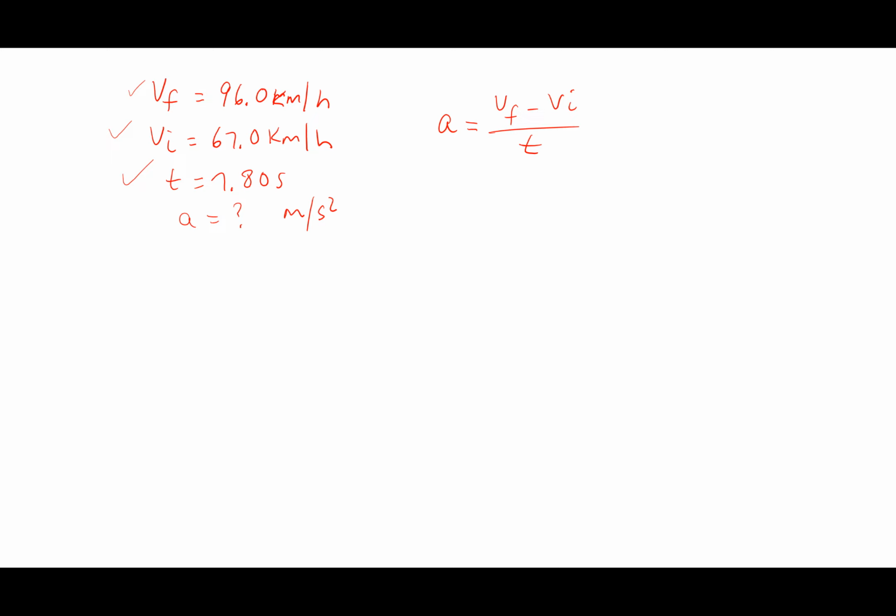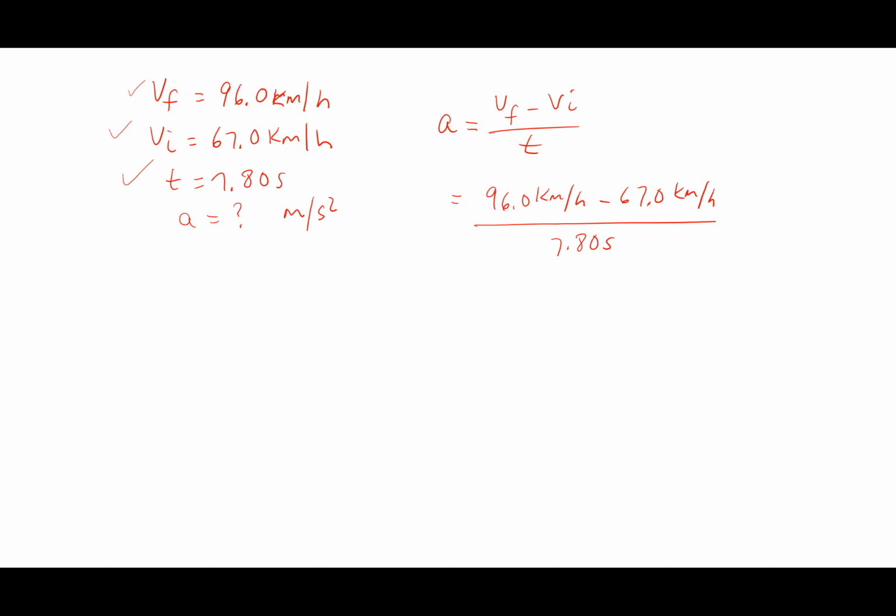So when we go ahead and plug everything in, velocity final is 96 kilometers per hour minus velocity initial 67 kilometers per hour, divided by our time, which is 7.80 seconds.